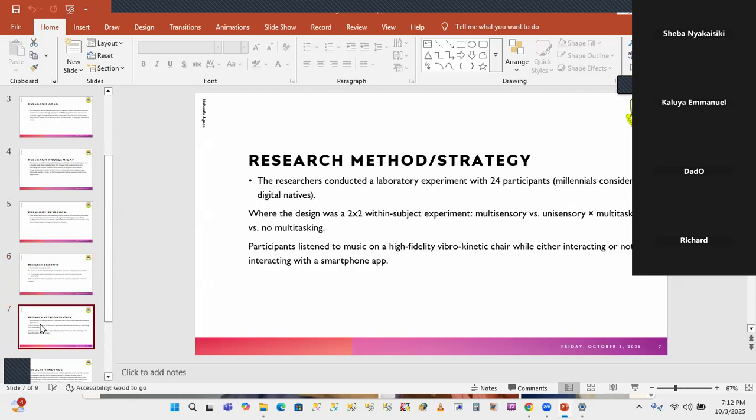Then our methodology or strategy. We conducted a laboratory experiment with 24 participants, in brackets millennials considered digital natives. The design was a 2x2 within-subject experiment: multisensory versus unisensory, times multitasking versus no multitasking.